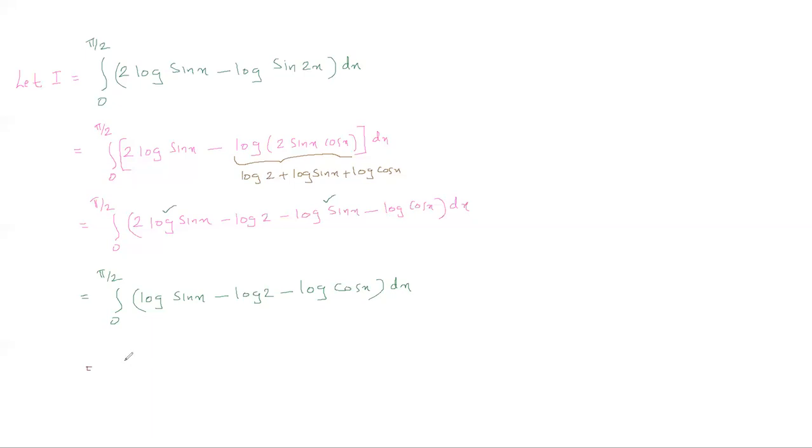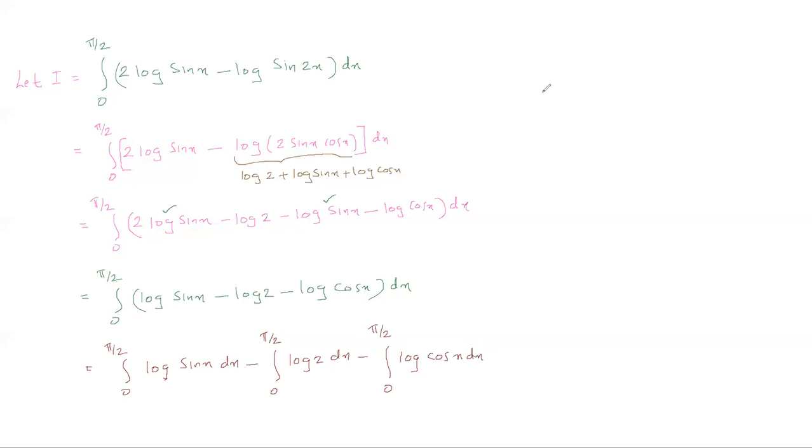So this is integral 0 to pi by 2 log sin x dx minus integral 0 to pi by 2 log 2 dx minus integral 0 to pi by 2 log cos x dx. So I'm writing to the right side.